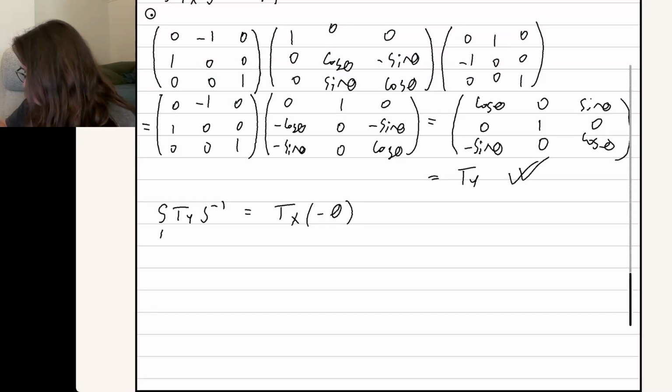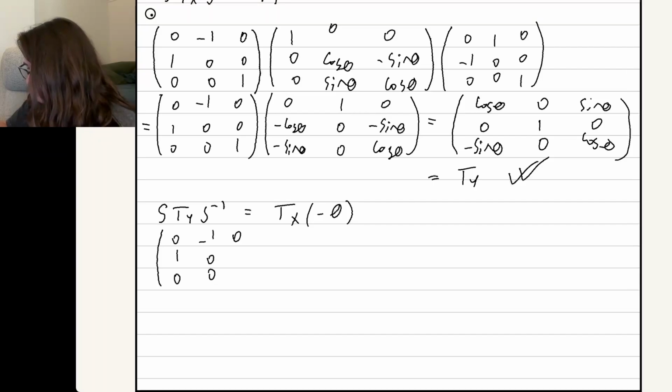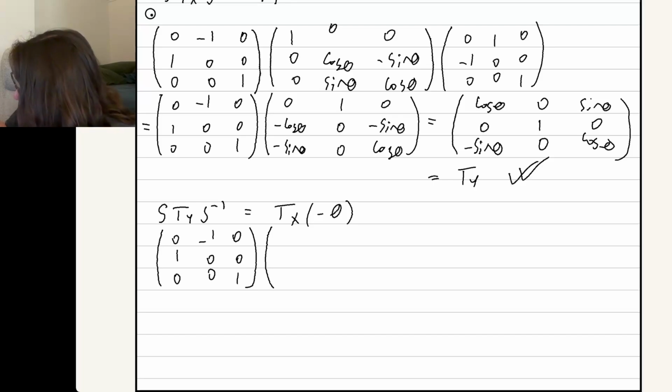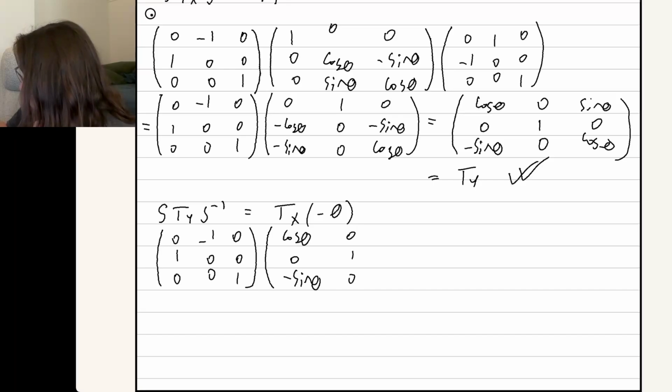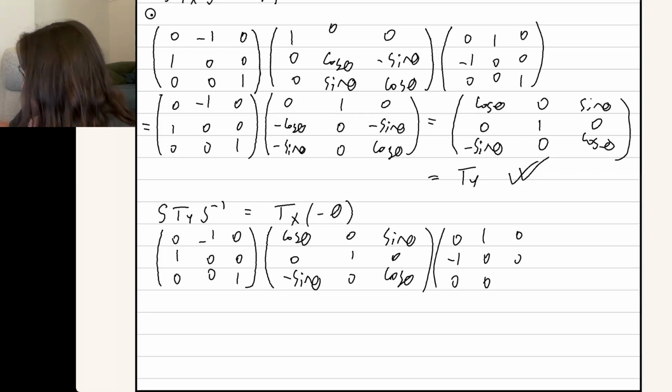So just looking at that, we have 0, 1, 0, minus 1, 0, 0, 0, 0, 1 times, and then T sub y was cosine theta, 0, minus sine theta, 0, 1, 0, sine theta, 0, cosine theta. And then S inverse was 0, minus 1, 0, 1, 0, 0, 0, 0, 1.